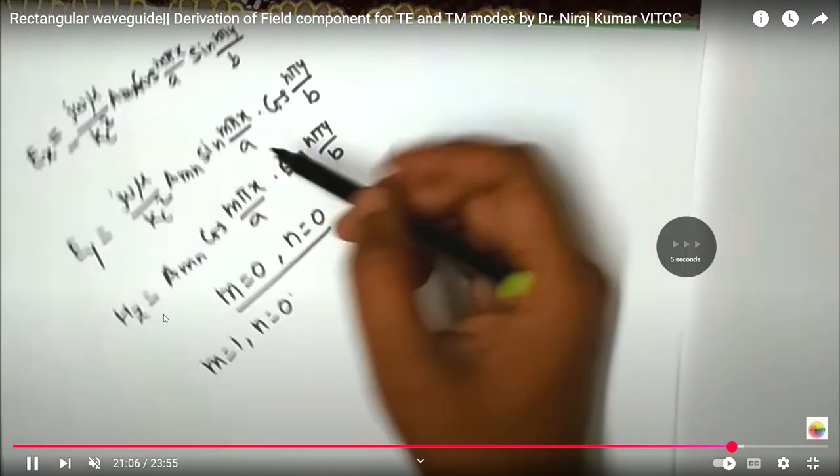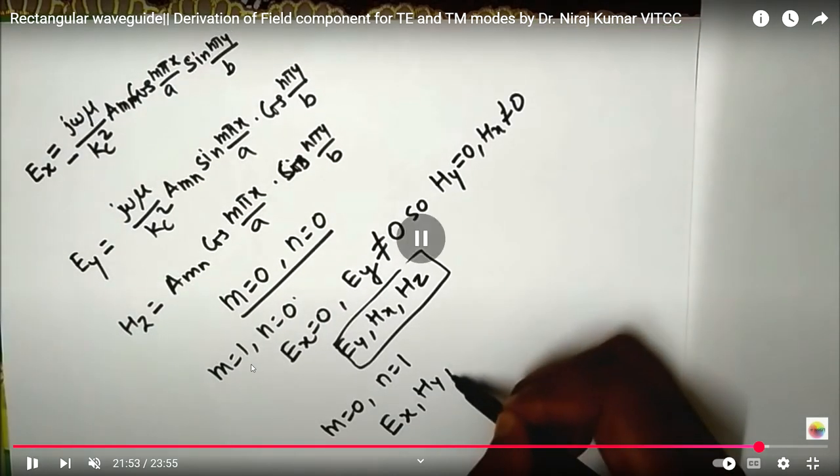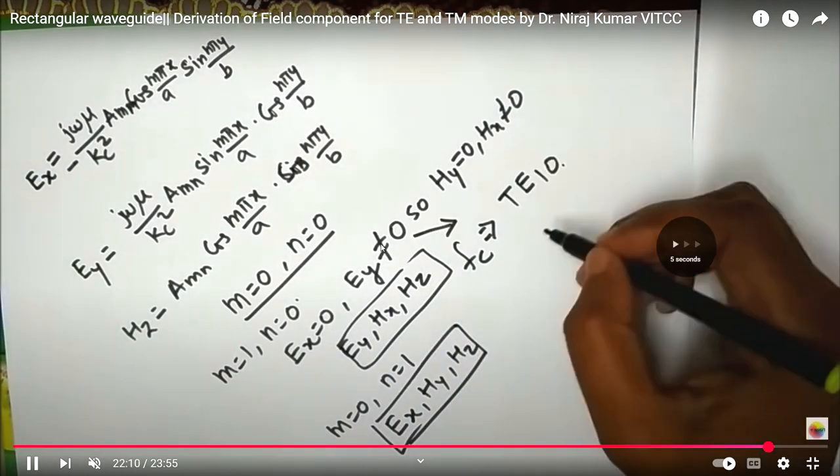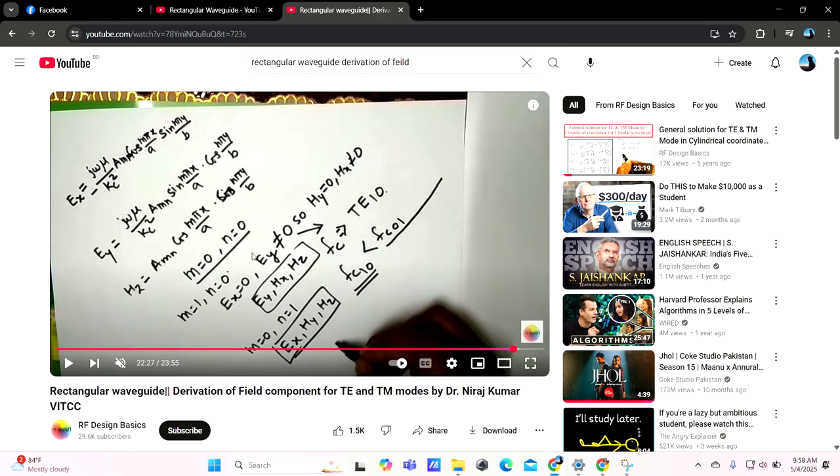Here we can see an example. If m equals 1 and n equals 0, here we can see Ex will be 0, but in the case of transverse magnetic we see that Dy will also be 0, but here it isn't. So here we can see the value of m and n determines which transverse components we get.